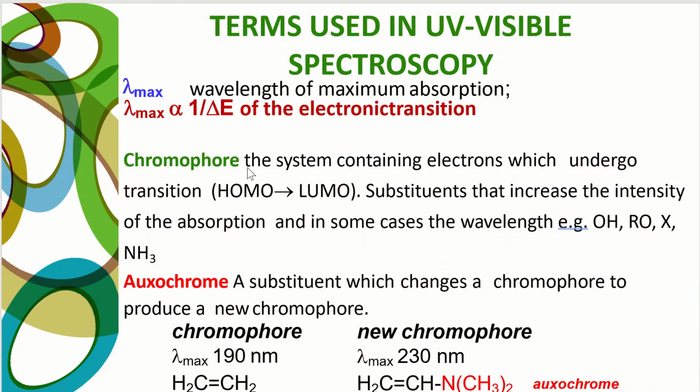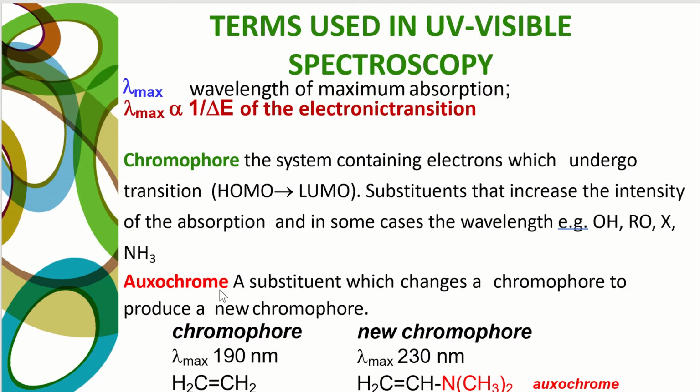Chromophore is another term, which is the system containing electrons which undergo the HOMO to LUMO transition. So basically, any system containing electrons which has a HOMO to LUMO transition.